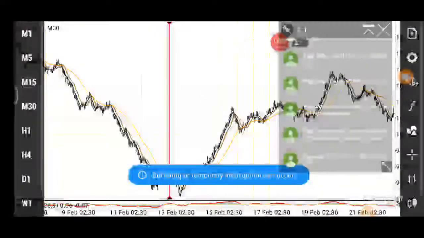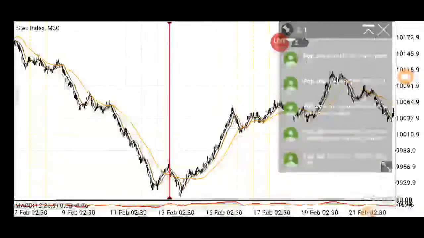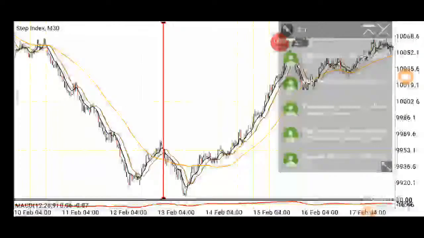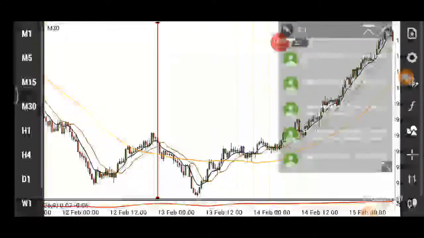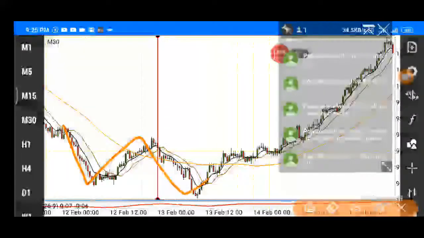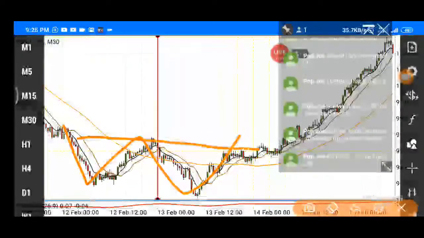Okay, so you can see that double bottom here on M30, though it was very small on H4, but you can see it clearly here on the 30 minutes time frame. So this is the neckline.